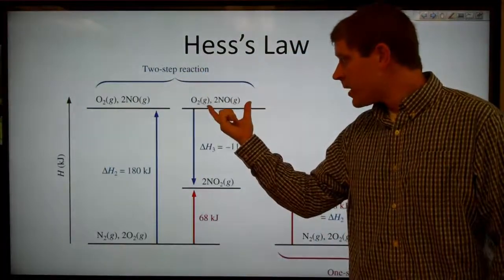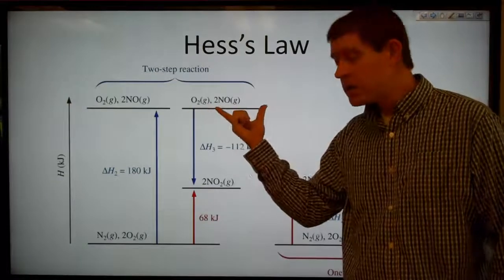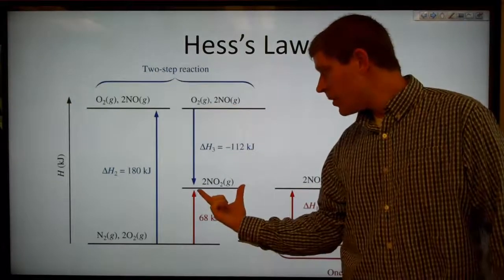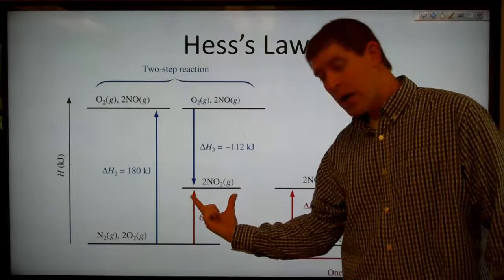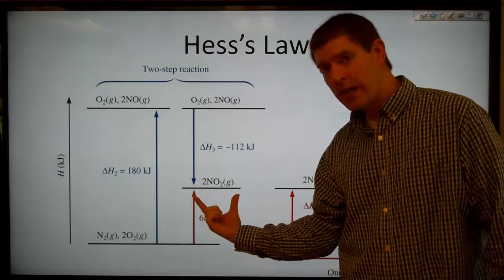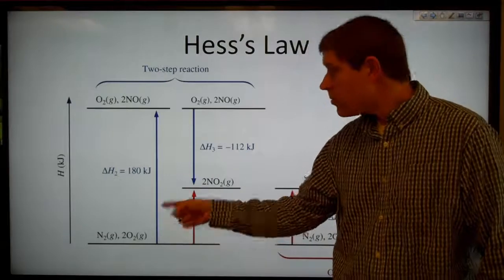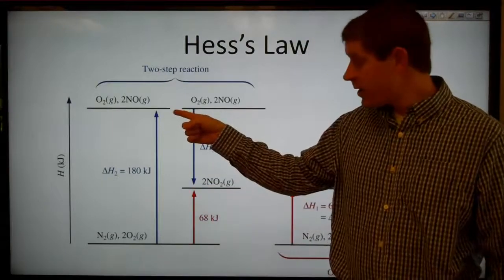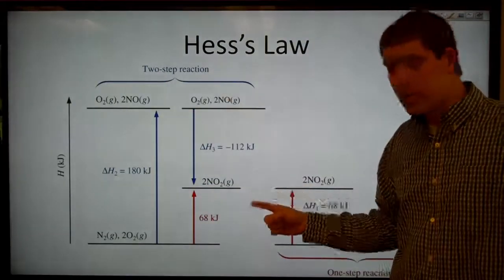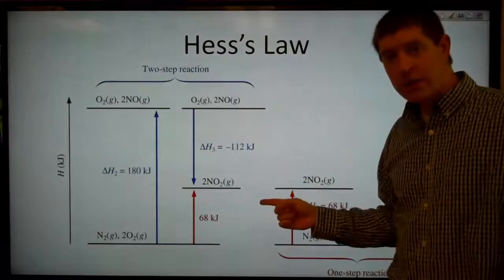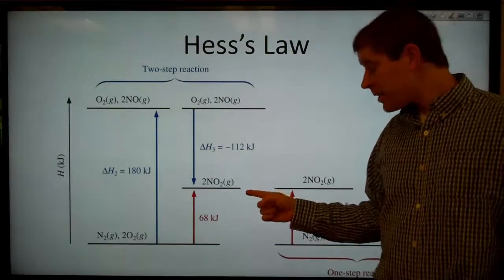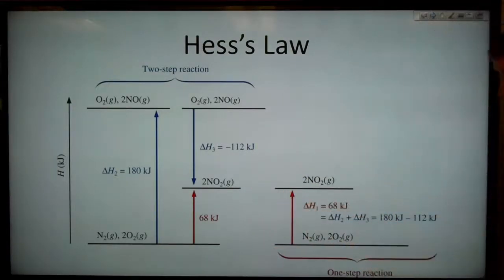And then from there, we move down to two NO2 molecules, so we combine that second oxygen molecule. And we're going up by 180 kilojoules, then we come down by 112. Well, up by 180, down by 112 is the same as up by 68. So overall, we get our overall enthalpy change, 68 kilojoules.